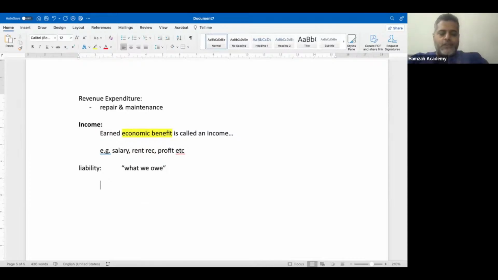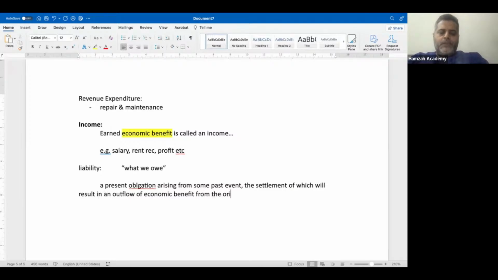And the standard definition is a present obligation arising from some past event, the settlement of which will result in an outflow of economic benefit from the organization, right?